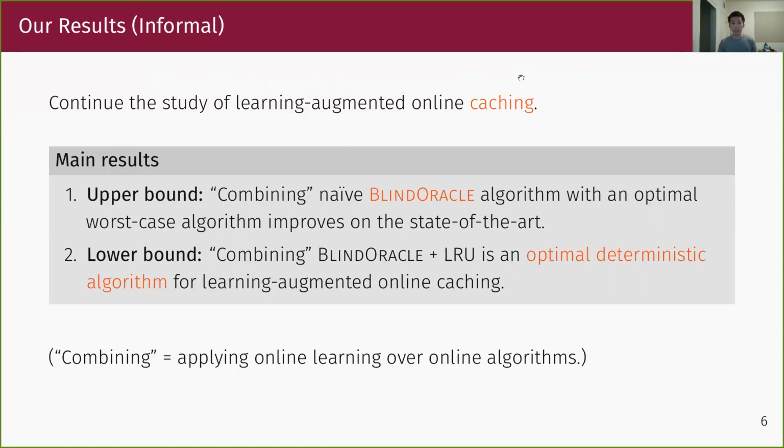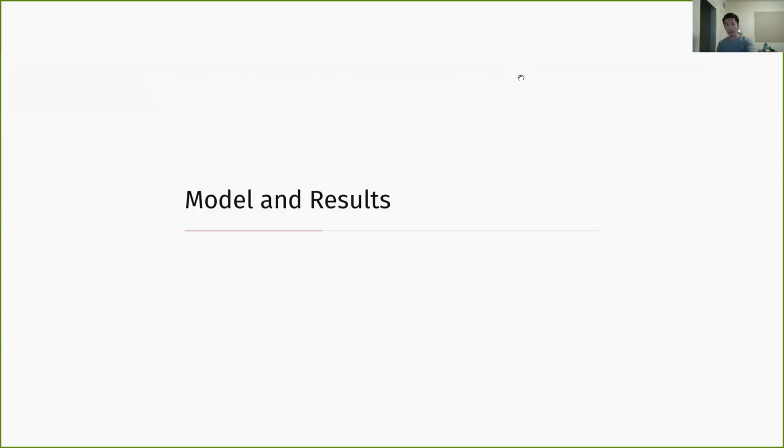And here combining refers to applying online learning over online algorithms using either follow the leader for deterministic combination or multiplicative weights for randomized combination. So in the next few slides, I'll formally introduce the model for online caching with predictions, and also discuss more formally the results that I show.